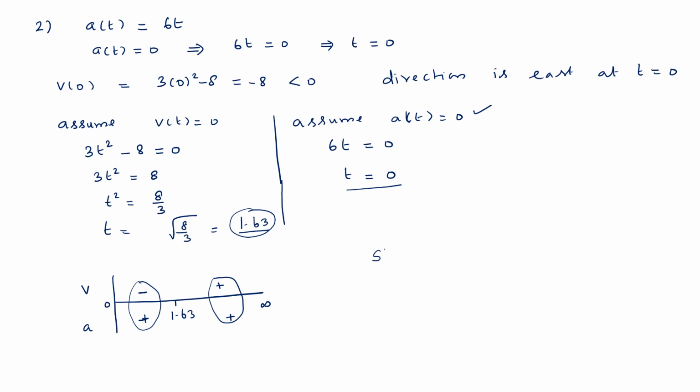So speeding up, in which interval we are having both are same sign, both are positive or both are negative. So only one interval in between 1.63 and infinity.